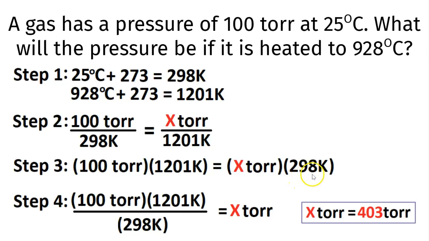To solve for our X, the 298 has to move, and we move it by dividing. And what we plug into our calculator is 100 times 1201 divided by 298, which gives us our X, which is 403 torr. So our P2, or our pressure 2, is 403 torr.